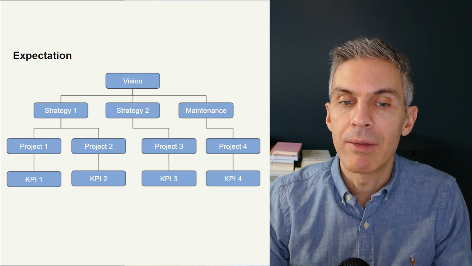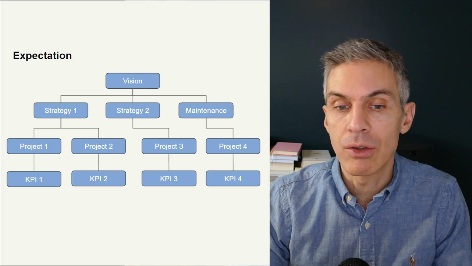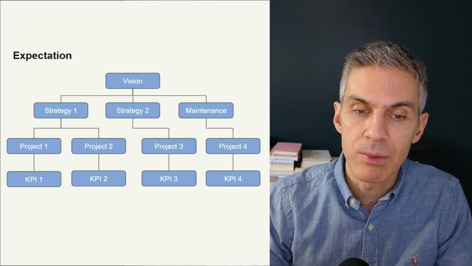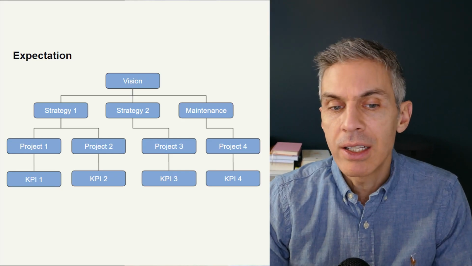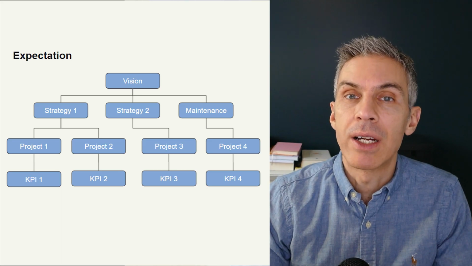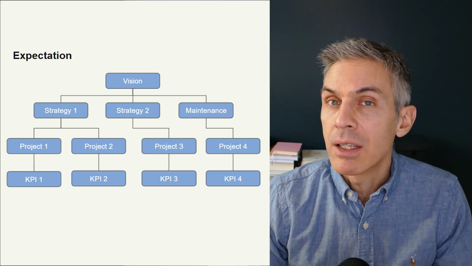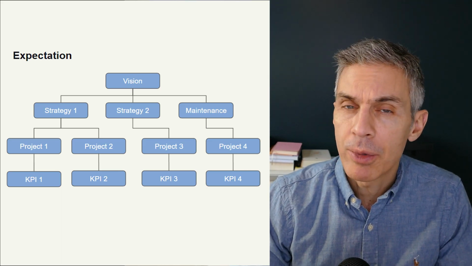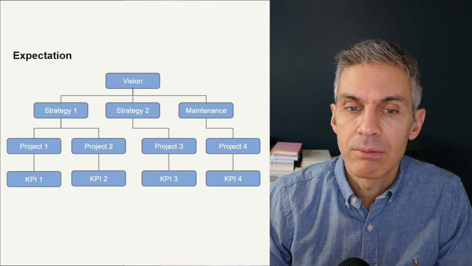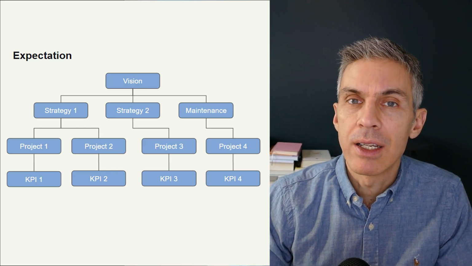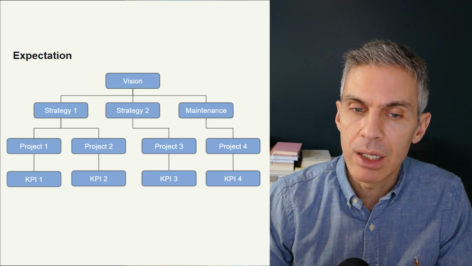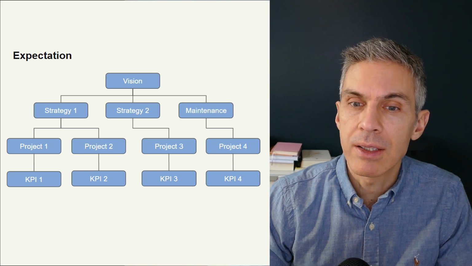So you will have a strategy. Under that strategy, there's going to be a couple of projects, say two projects there. And each project has a KPI that defines the success. Sometimes there's going to be the same KPI for both projects. Sometimes they're going to be different, because it depends on how you define the KPI to define the success of achieving that strategy.